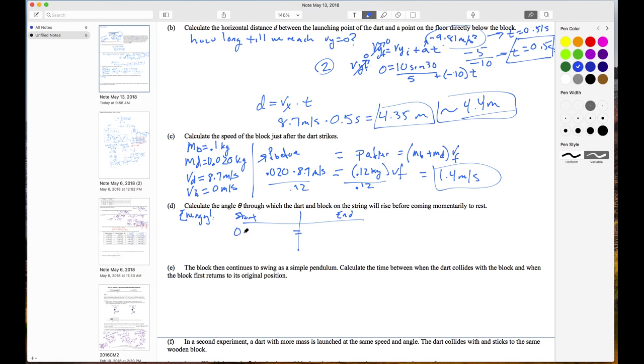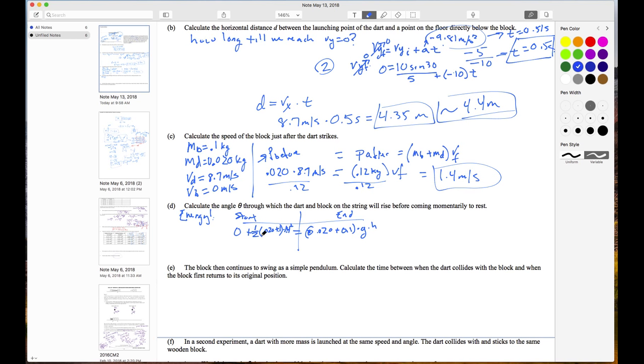I have 0 for the potential energy plus 1/2 m1, which is 0.020 plus 0.1, times 1.4 squared, and that's equal to the mgh, which is 0.020 plus 0.1 times g times h.